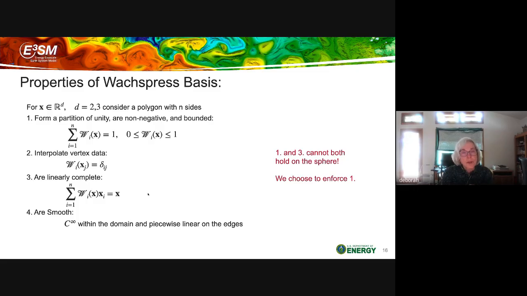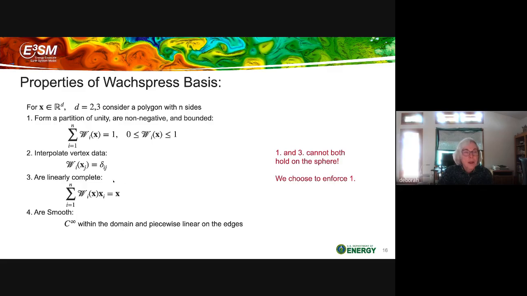Now, when you do these Wachspress basis functions on a polygon on the sphere, it turns out that you can't have both property 1 and property 3 holding. The easiest way to see that is if the polygon had 3 sides, so it was just a triangle. So I take 3 points on the sphere. Well, these properties hold in a plane. So those 3 points on the sphere form a plane.